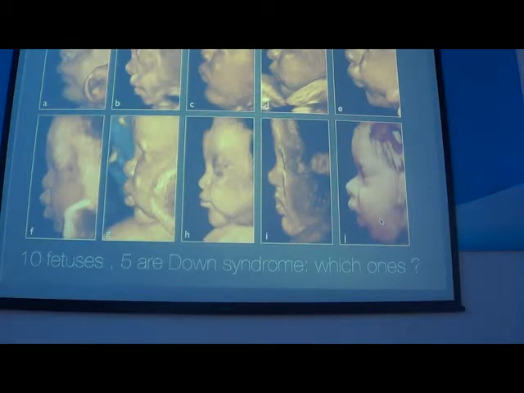So in conclusion, the study of the face is a help, but you need other markers. If only with the face, it's really difficult to do a diagnostic.